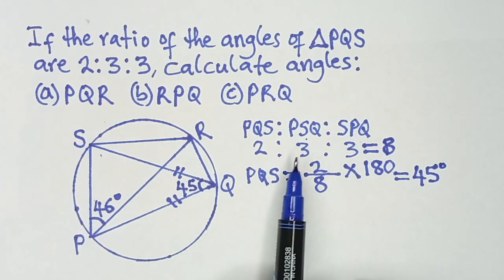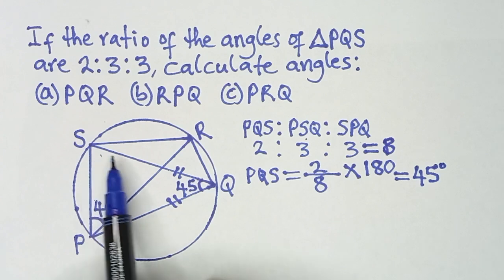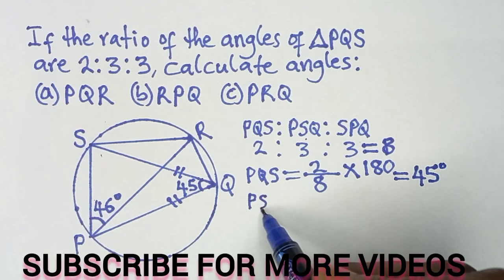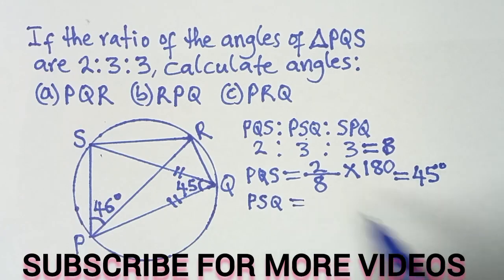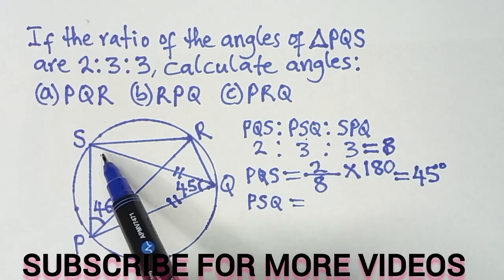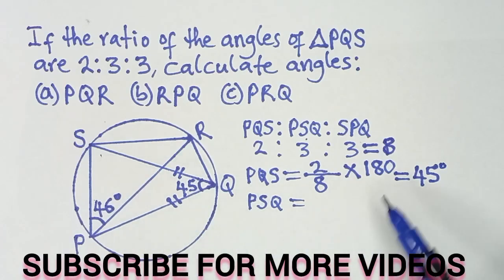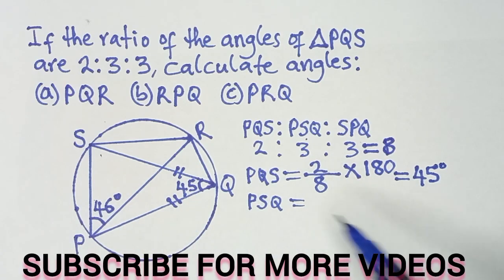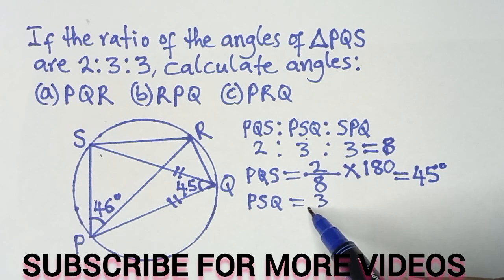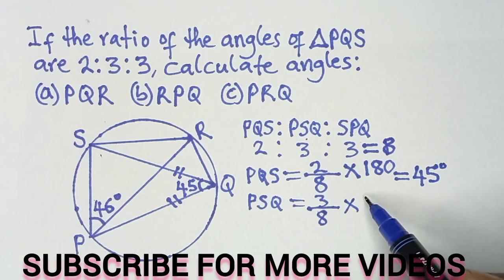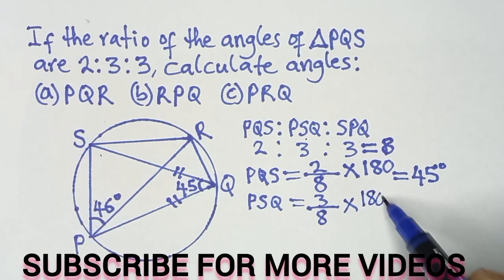Now let's move on to the second angle, PSQ. So this angle PSQ, which is this angle here. For us to get its value, we take its ratio, which is 3, divided by the total ratio 8, and then multiply by whatever we are sharing among them, which is 180 degrees.